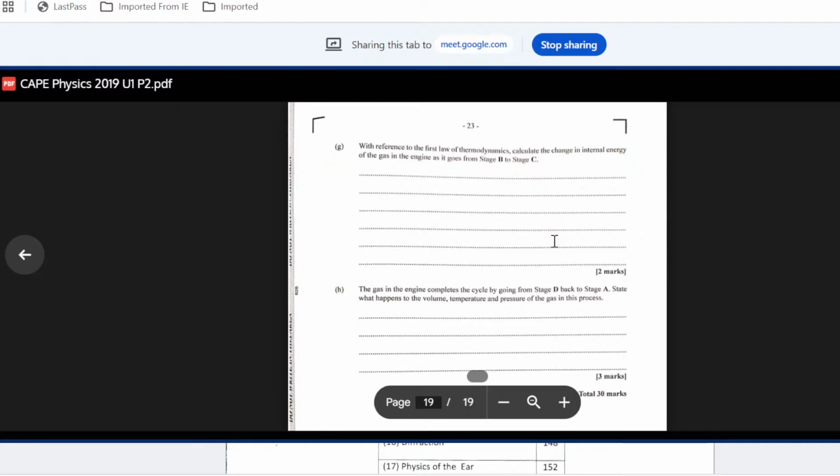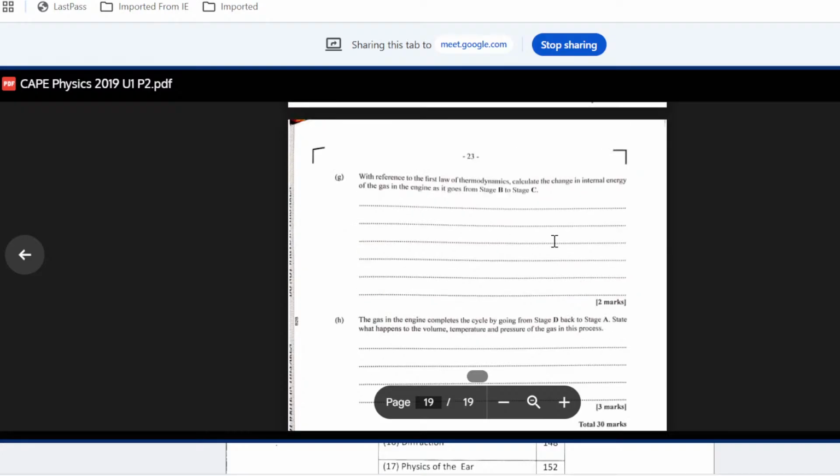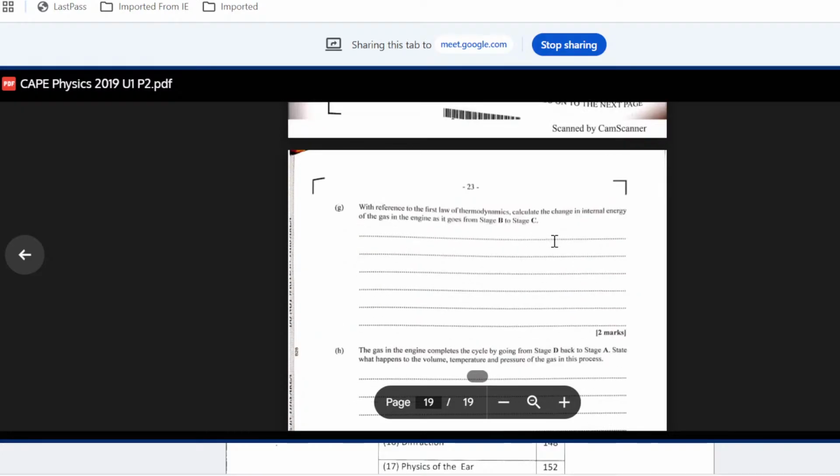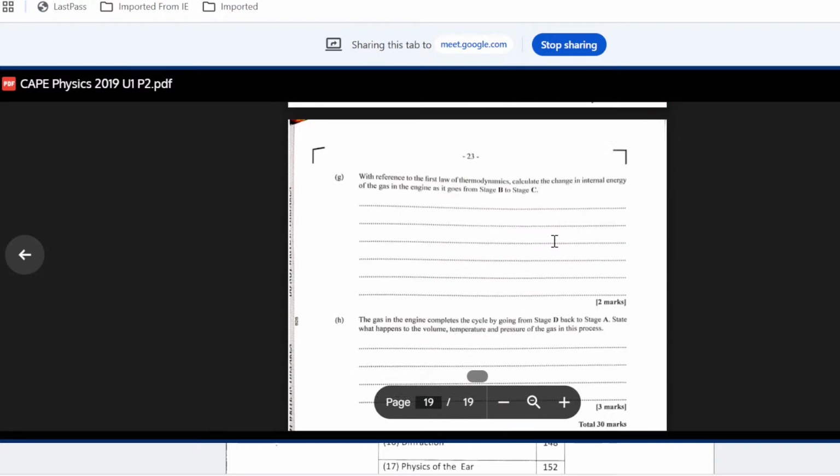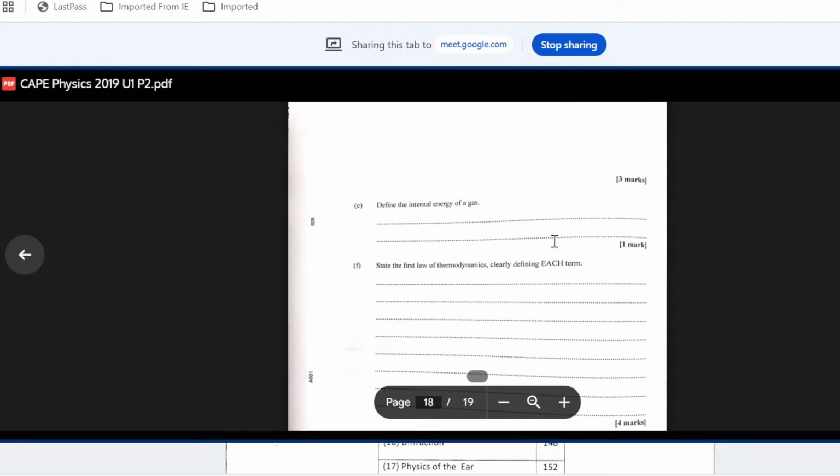So it would just be equal to the work. And they gave you the value for work. Right. So hence why this question is only 2 marks.